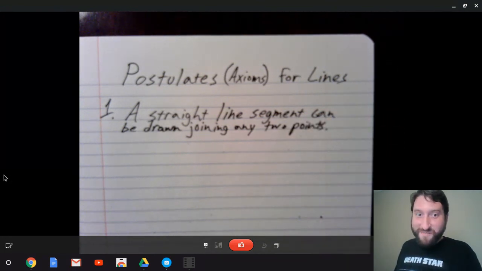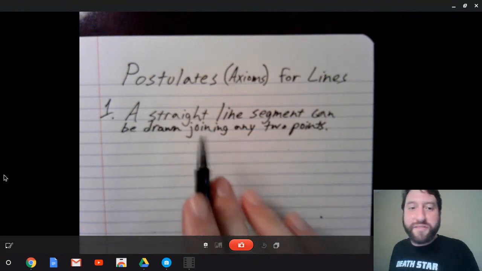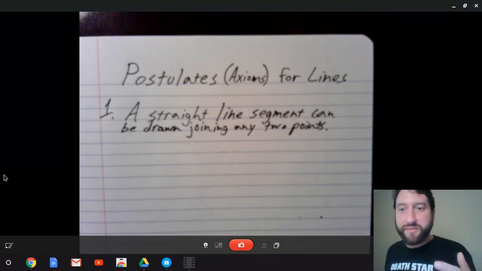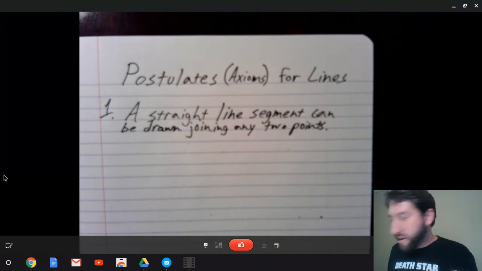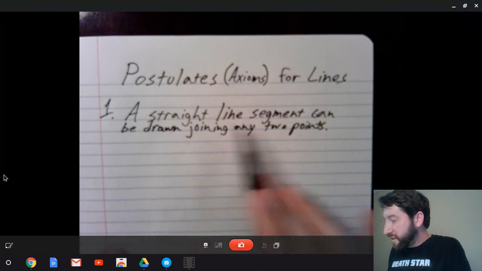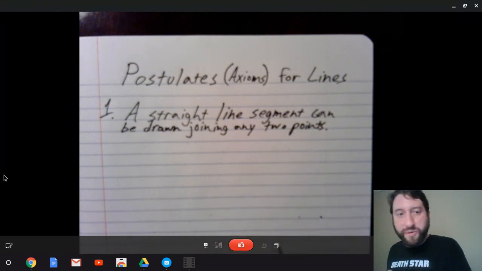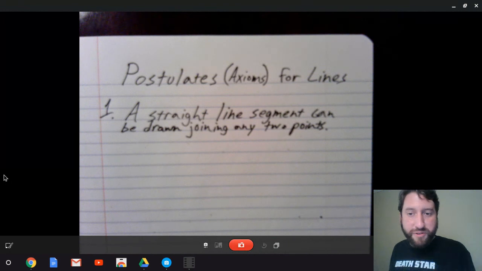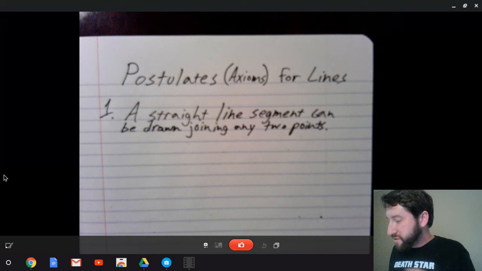That's the first postulate. Now, notice how, again, we said axioms are usually pretty obvious. This is pretty obvious. A straight line segment can be drawn joining any 2 points. You can show that with a ruler, right? Draw 2 points, use a ruler, bam. You have a straight line with 2 points.